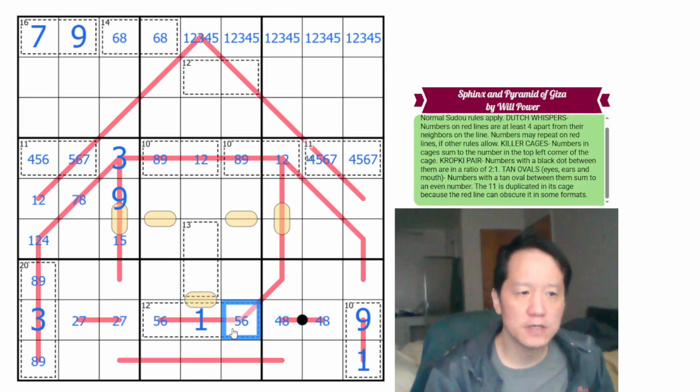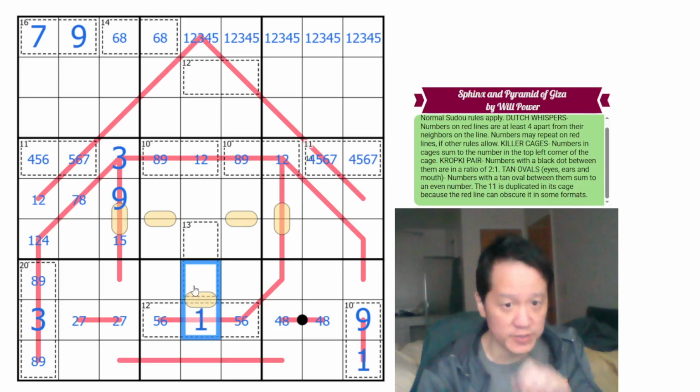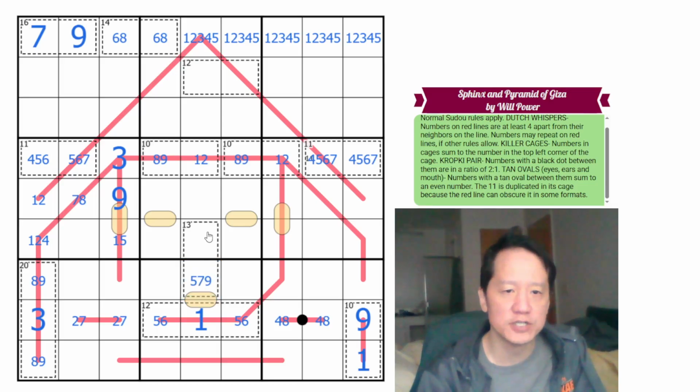Let's see. This is 1, and it adds up with another digit to make an even number. So this has to be an odd digit also. This is 3, 5, 7, or 9. Can't be 3, though. So it's 5, 7, or 9. Those 3 digits add up with another digit to add up to 13.